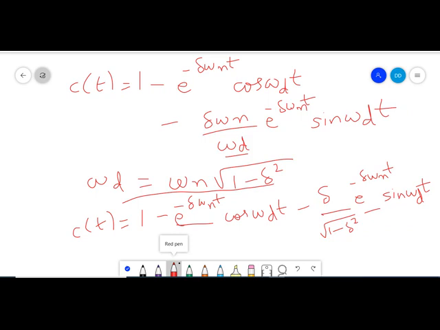We have e to the power minus delta omega n into t common in both the terms. We take it out.